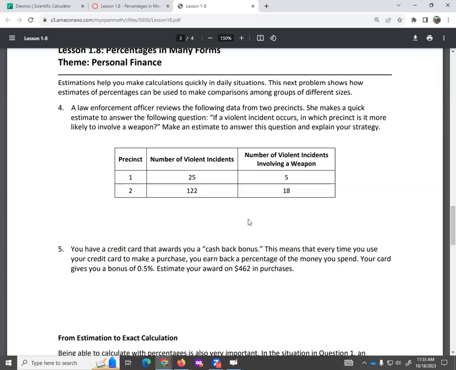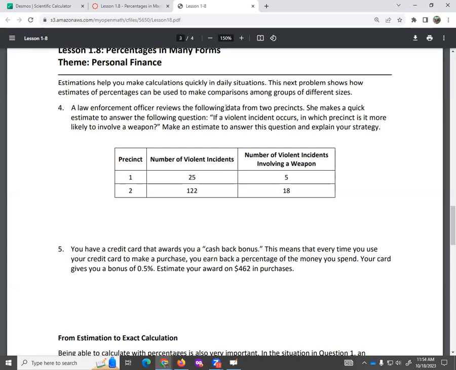So again, in the table we have 2 different precincts. We have the number of violent episodes, and whether a weapon was involved in those or not. In precinct number 1, 25 incidents, 5 of those 25 involved a weapon. In precinct 2, 122 violent incidents, 18 of which involved a weapon.